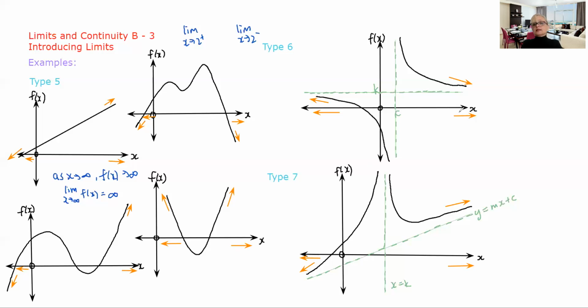Here, as x is tending towards infinity, this line will be approaching this horizontal asymptote, which is y equals k. So for this particular one, as x tends towards infinity, y tends towards k, and it tends towards k from above. All right, it's coming in from above.